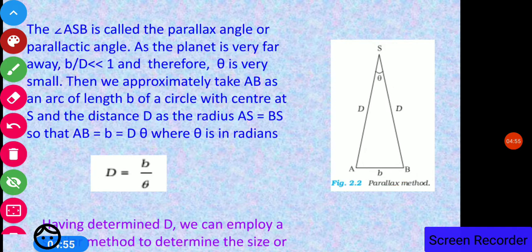So the same case is here. Since this planet is very far away, AB can be taken as an arc of a circle of radius d.